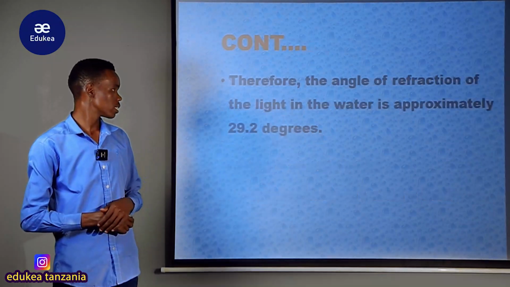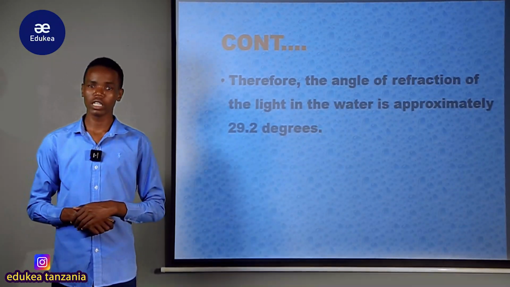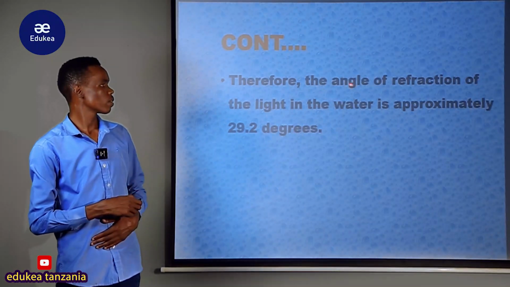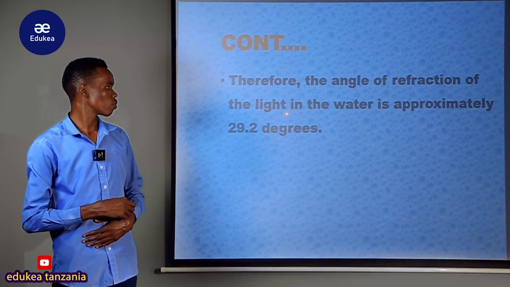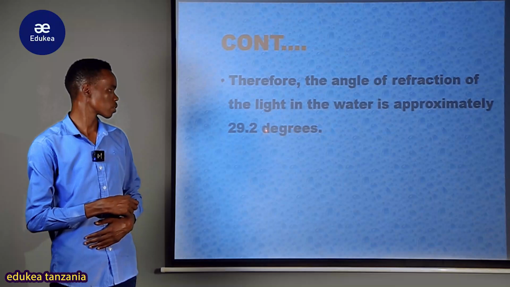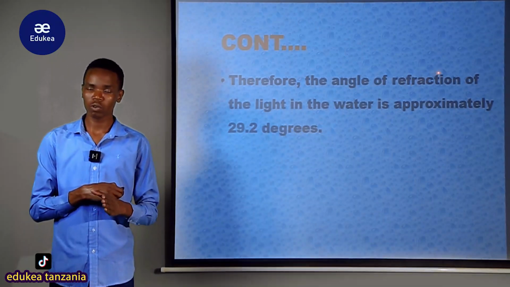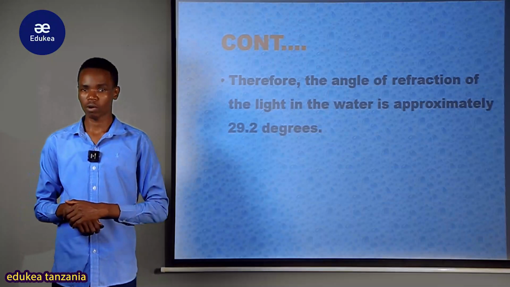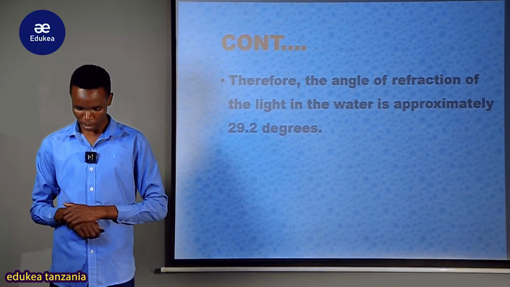This is the end of question number 9. You can conclude by saying that therefore the angle of refraction of the light in the water is approximately 29.2 degrees, and this is the final result for question number 9.